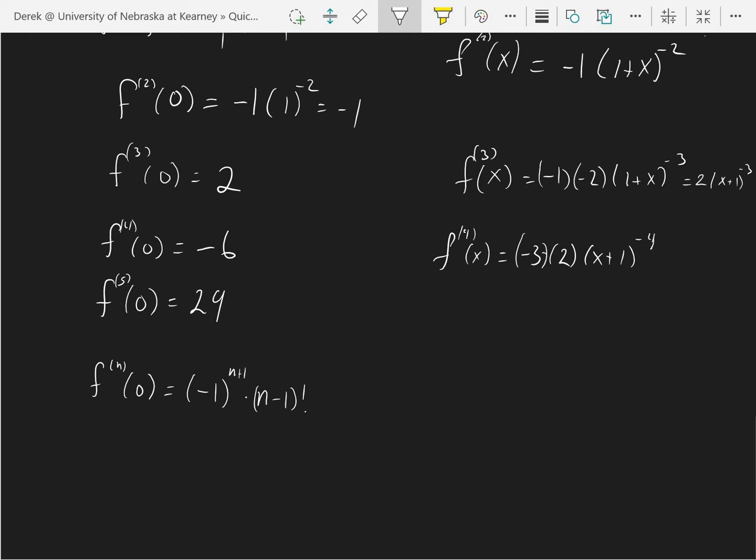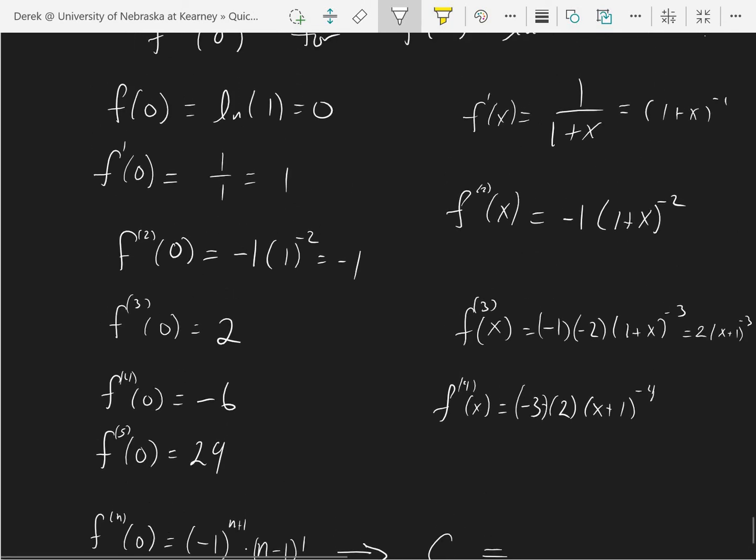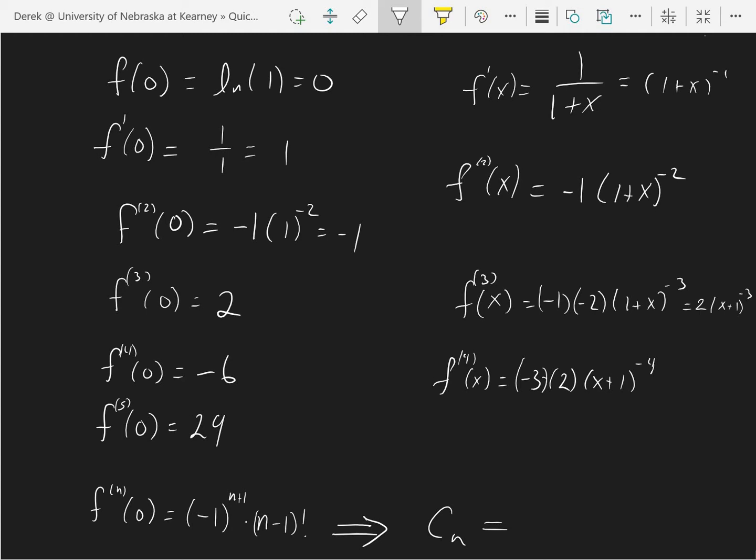Okay, so this implies that C sub n, let's check if that works for 0. Negative 1 to the 0 plus 1 is negative 1, and negative 1 factorial is 0.